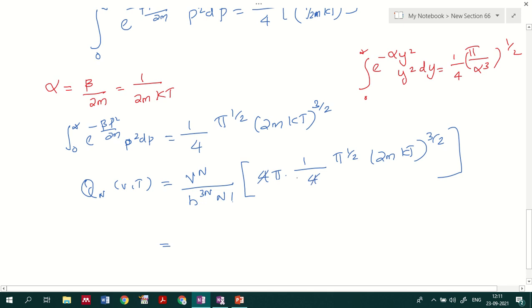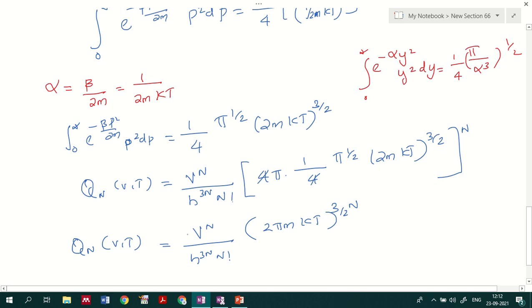Okay, and we'll have pi raised to 1 and pi raised to 1 by 2, and this I can take into the bracket, so that Q_N(V, T) will be V raised to N over h raised to 3N, N factorial, 2 pi m kT. So this pi we can take into the bracket, so that 3 by 2 N will be there. Okay, so this N also.